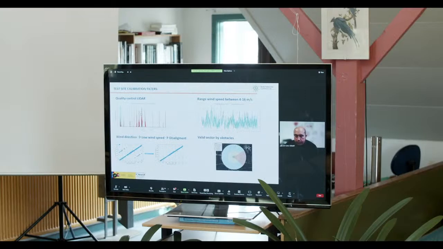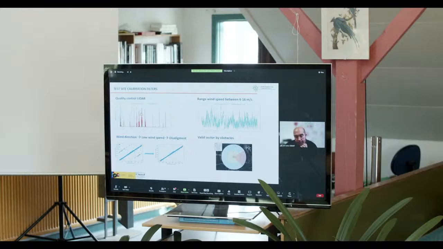Well, the first thing that we have to do with the LIDAR data is use some filters to get data that are relevant, because LIDAR has some difficulties to measure, for example, on foggy days or rainy days, and there are some errors in the data that we have to filter.